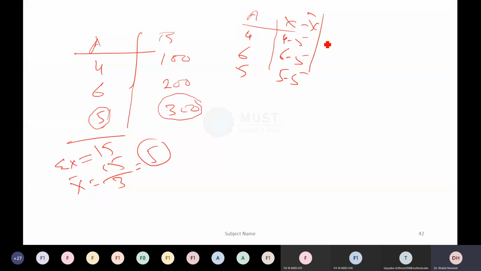So here I have a data set like this: minus 1, plus 1, and 0. Now I have x minus x bar squared. These are all the calculations of the standard deviation, and we did it many times before. So the sum of x minus x bar squared is equal to 2, because now it will be plus once we square it.